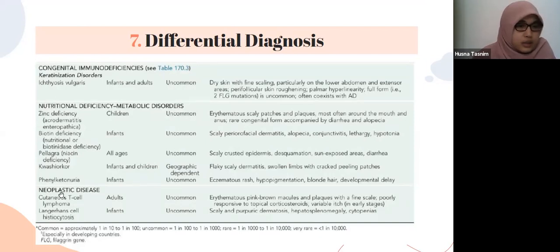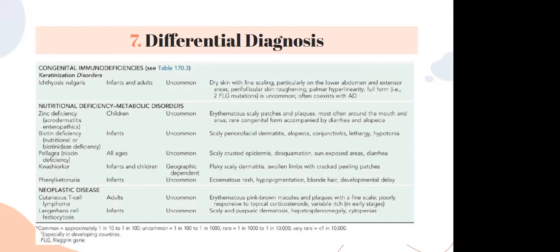And the neoplastic disease such as Langerhans cell histiocytosis is characterized by hemorrhagic and petechial lesions. In histiocytosis X, Langerhans histiocytosis, there is scaly and purpuric dermatitis.